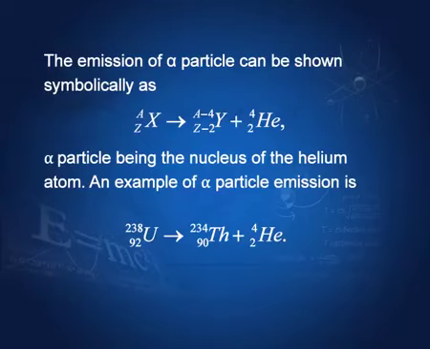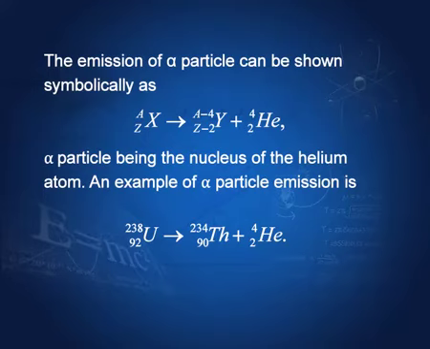Therefore, the emission of an alpha particle means that 2 units of charge have gone from this nucleus. So, it becomes Y with A minus 4 and Z minus 2, plus the alpha particle, which is helium 4. You can see A minus 4 plus 4 is A, Z minus 2 plus 2 is Z. So, the charge and mass are conserved.